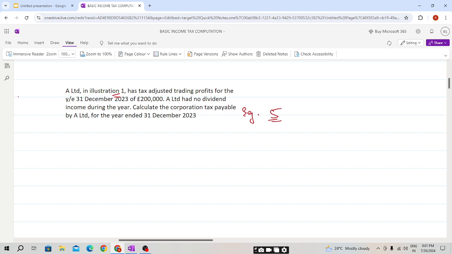So A Limited has tax adjusted profits for year ended 31st December 2023 of 200,000 pounds. A Limited has no dividend income during the year. Calculate the corporation tax payable by A Limited for the tax year ended 31st December 2023, students.